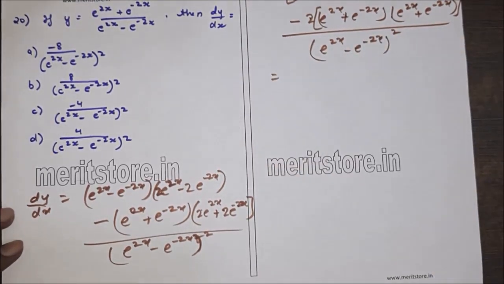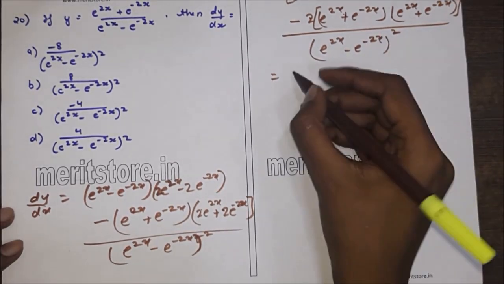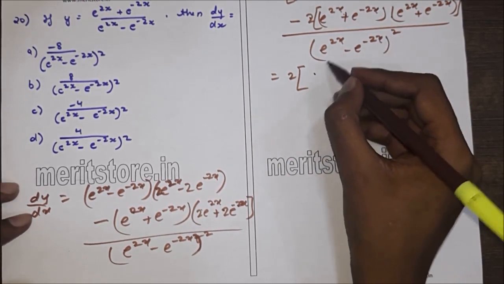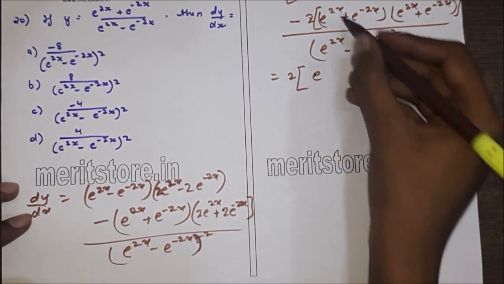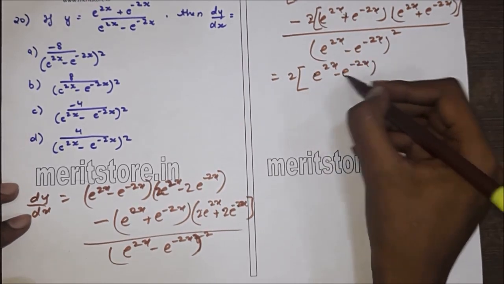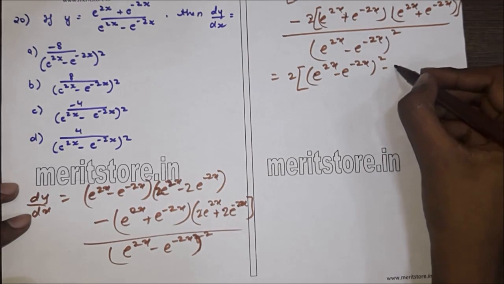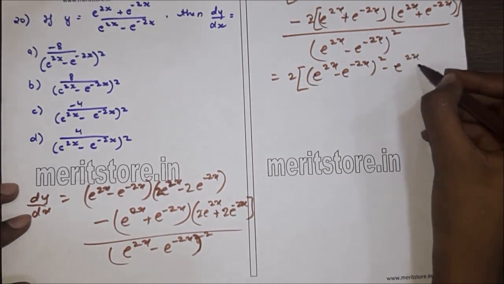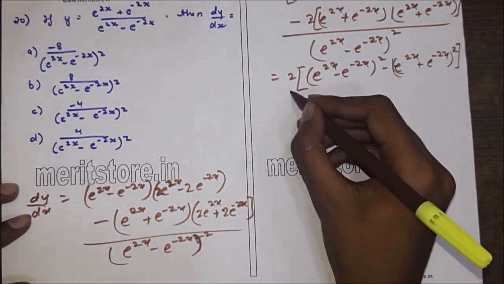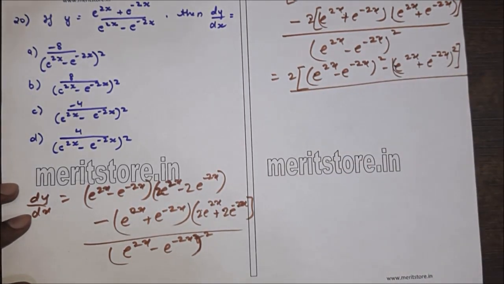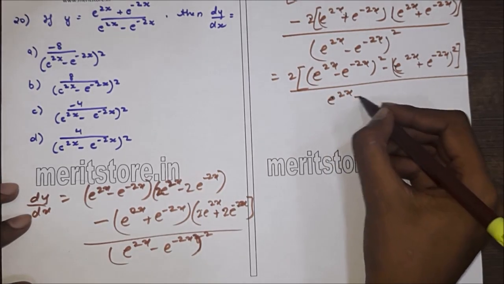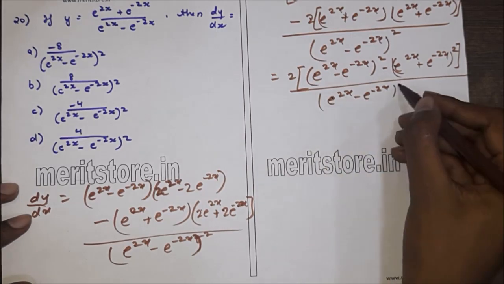So this can be simplified as (e raised to 2x minus e raised to minus 2x) square minus (e raised to 2x plus e raised to minus 2x) the whole square, divided by (e raised to 2x minus e raised to minus 2x) the whole square.